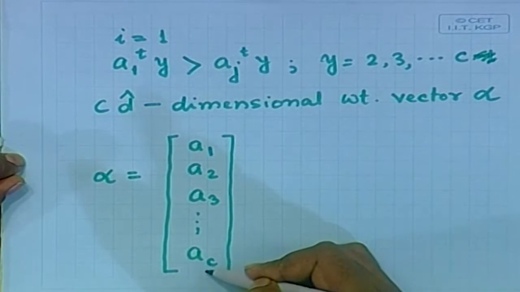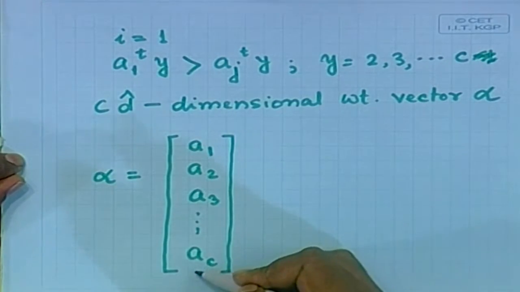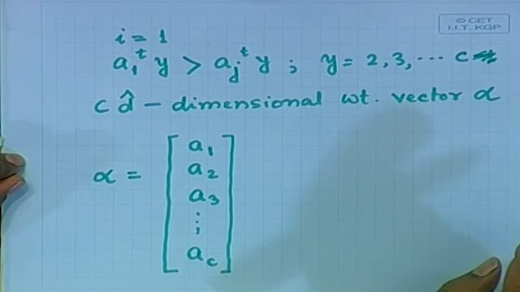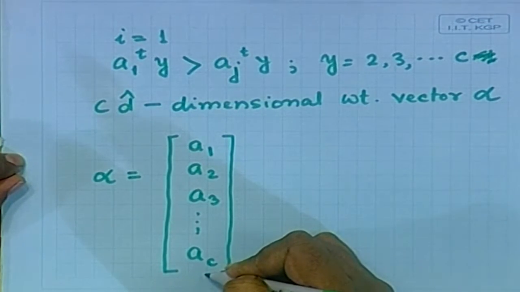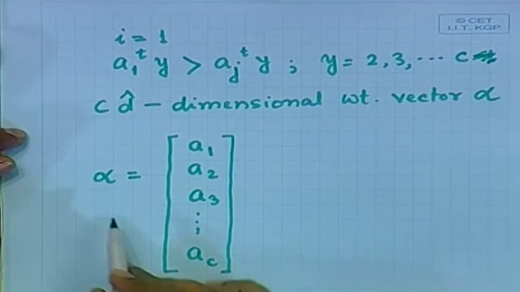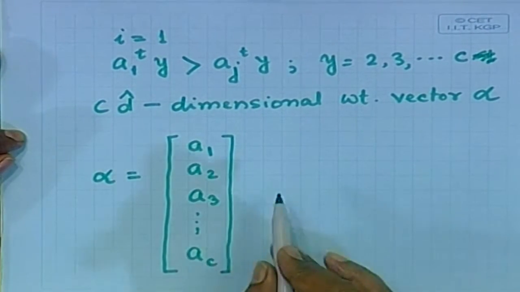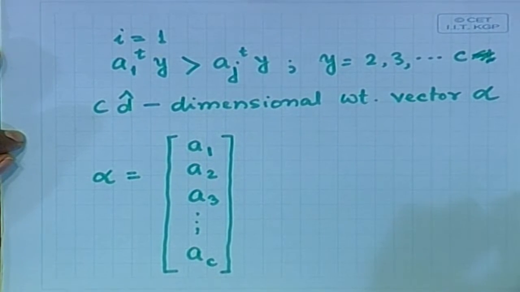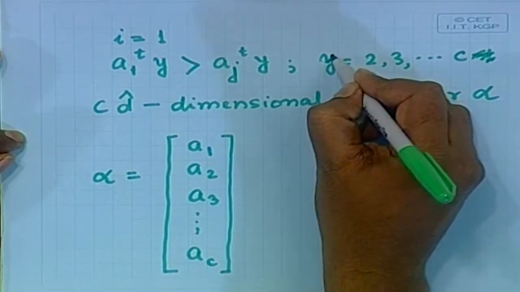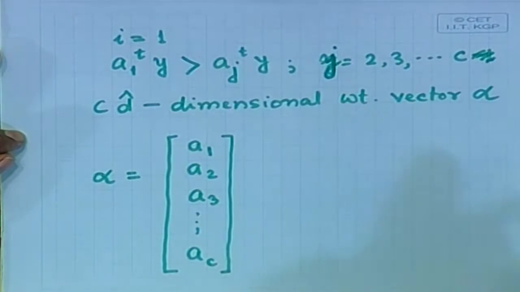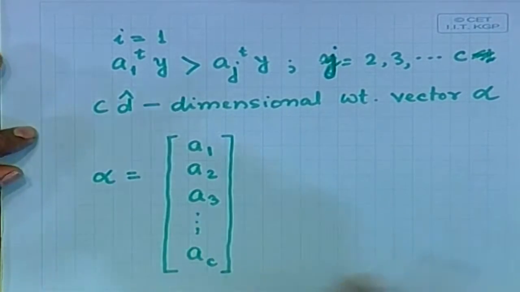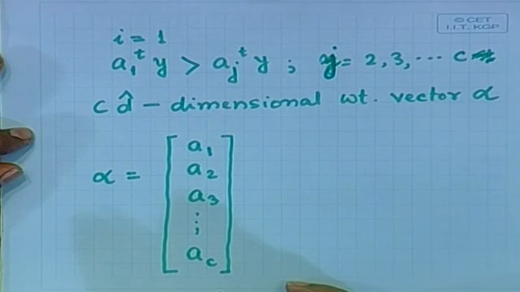Each of these weight vectors a_1, a_2, a_3 up to a_C is d hat dimensional, and I have C such weight vectors. So the overall dimension of this vector alpha is C times d hat, for j equal to 2 to C.